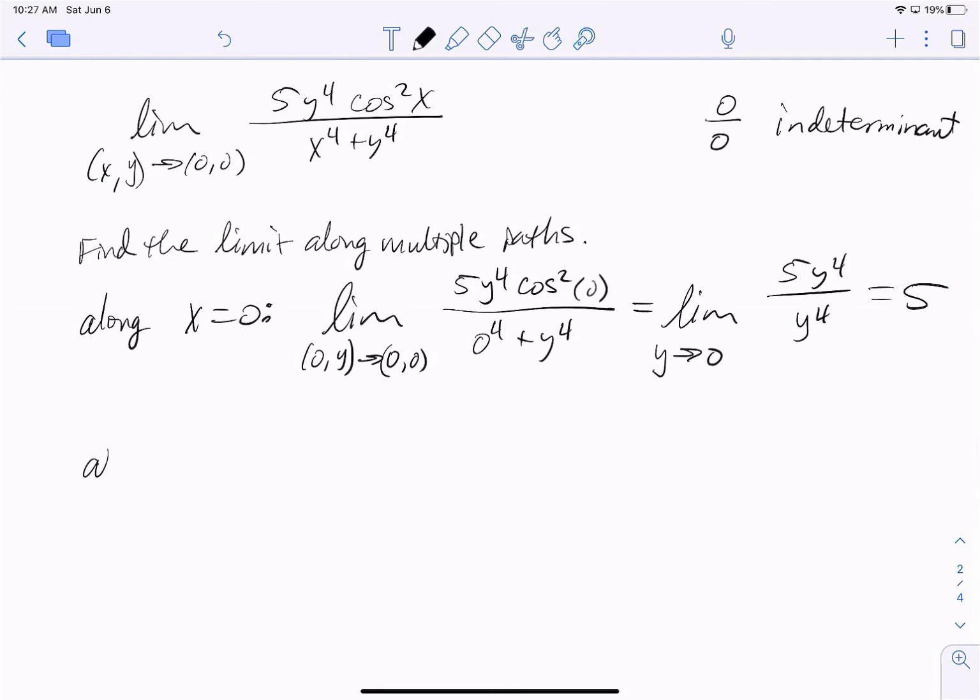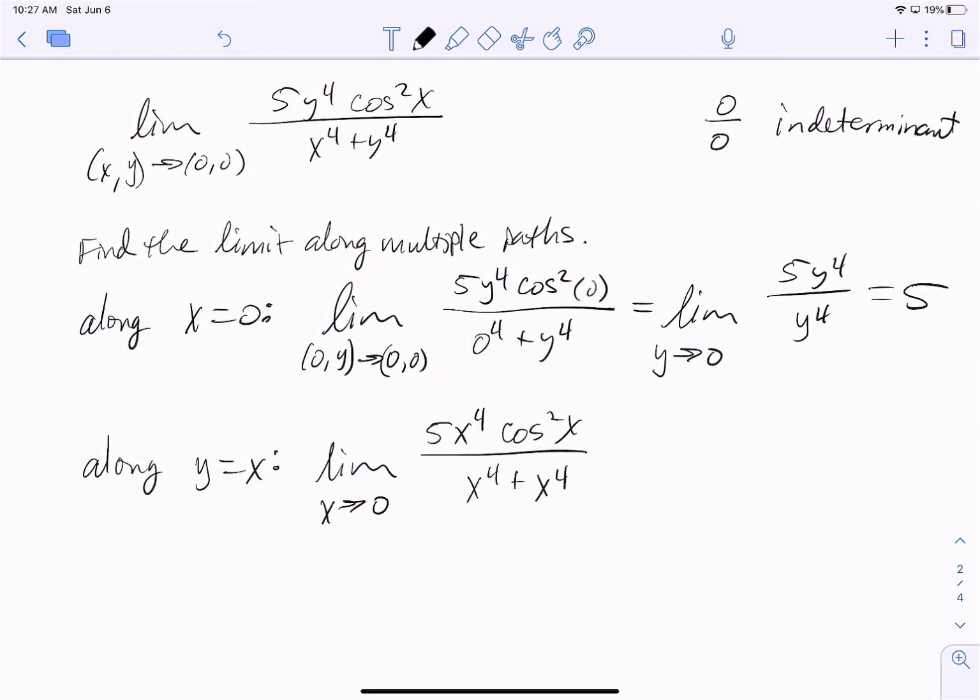Let's check now along the line y equals x. We'll then have the limit as x approaches 0 of 5x to the 4th times the cosine squared of x divided by x to the 4th plus x to the 4th. And you may ask yourself, what happened with y?